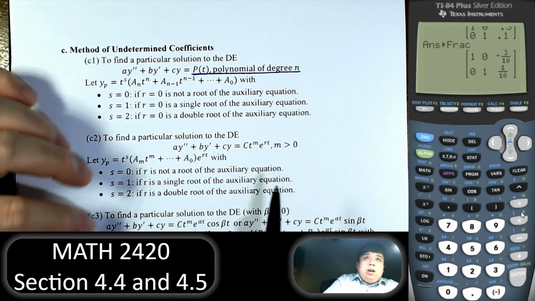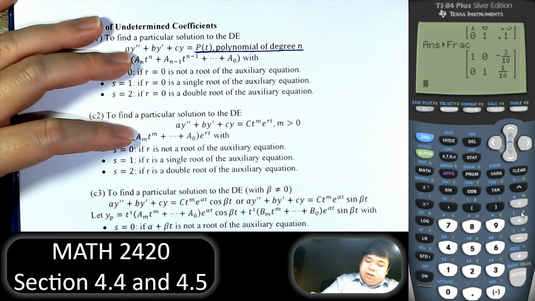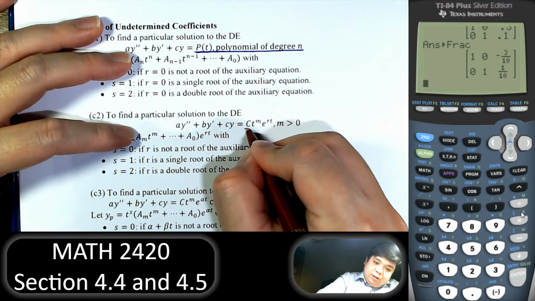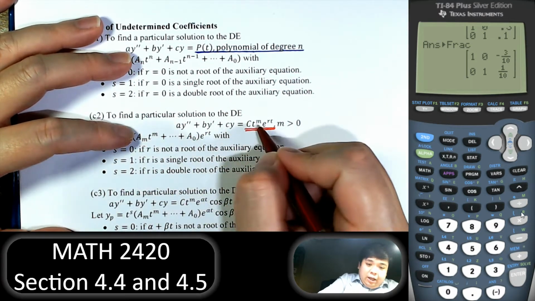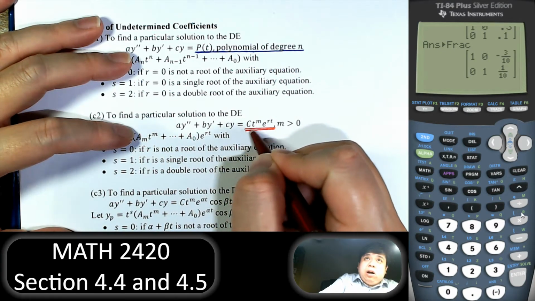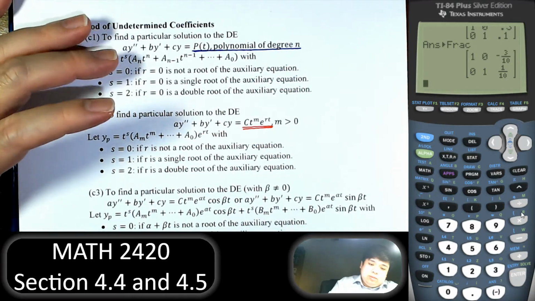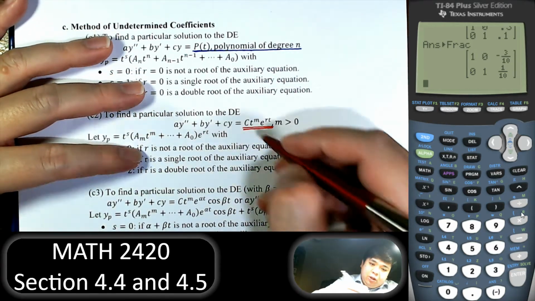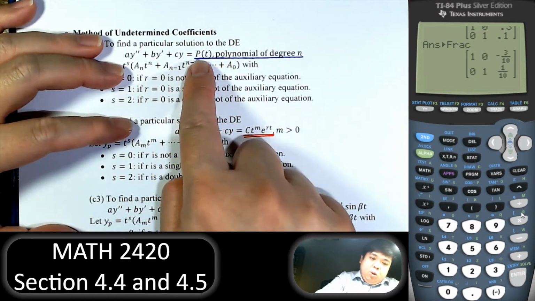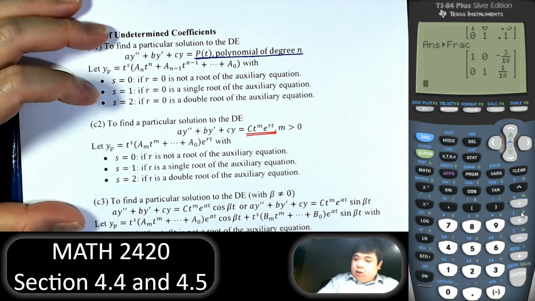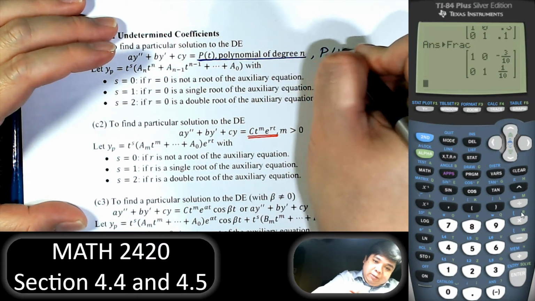The second part will have an exponential function and then some power terms multiplied to it, or a polynomial multiplied to it. Or I can say it, by the way, a polynomial of degree n we can write as Pn of t.